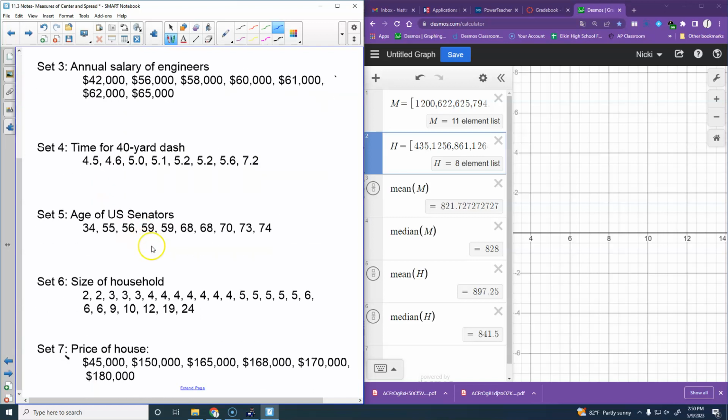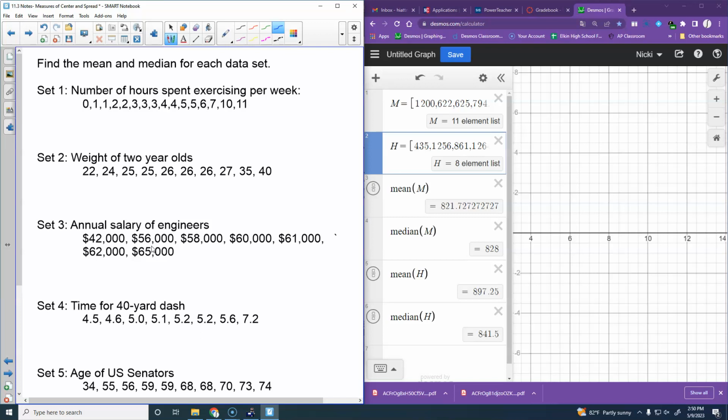Okay, so let's split this up as well, because if we don't, it'll take forever. So let's see. You three right here, do set number 1 for me. Rosalind, Kaylee, and Isabella, you guys do set 2. Ian and Anna Grace, you guys do set 3.